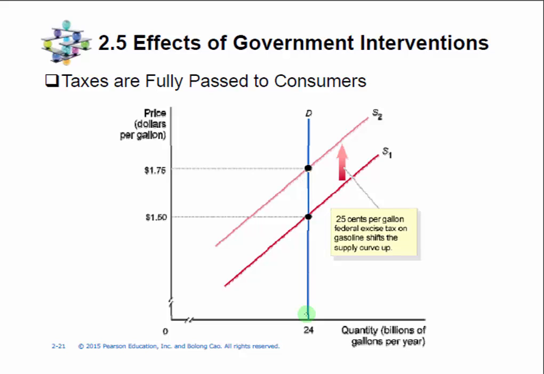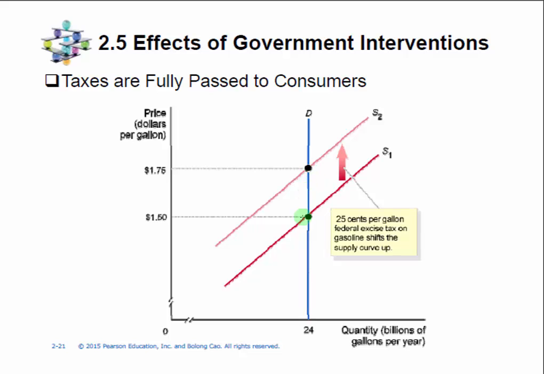Now, there are also different situations. If you have a vertical demand curve, it basically says whatever the price is, the quantity demanded won't change. You increase the price, and the buyers still want this 24 unit quantity. If a tax is imposed, say on the sellers, the consumer will pay the whole thing.